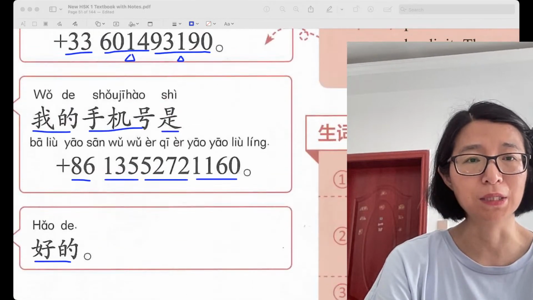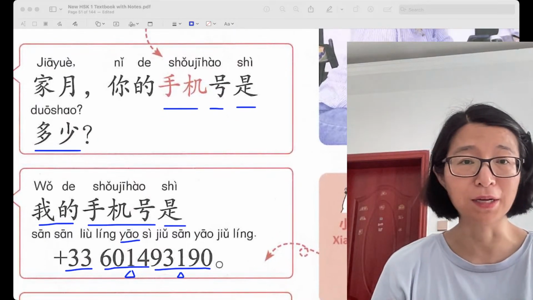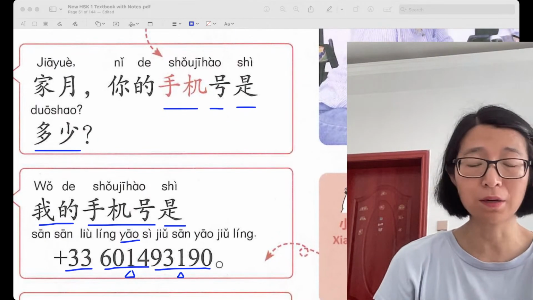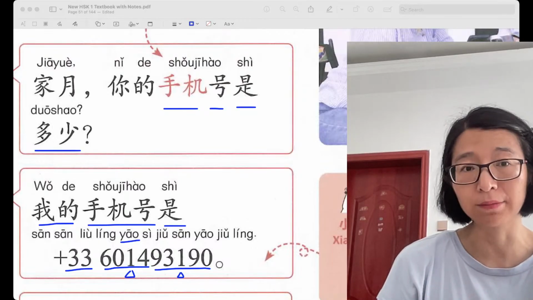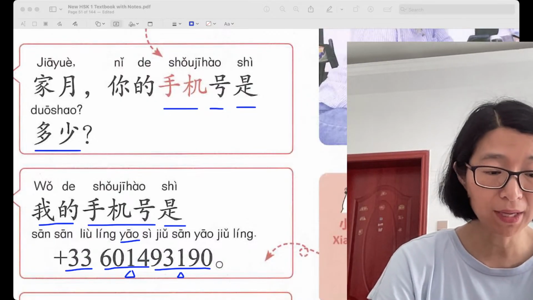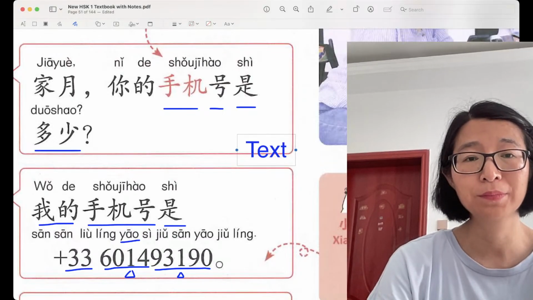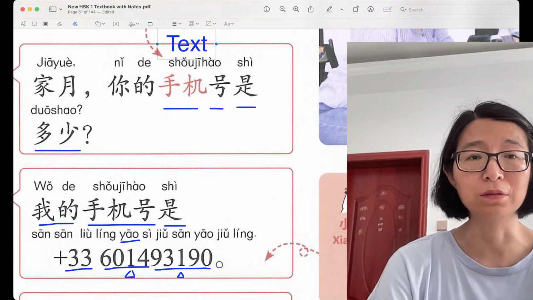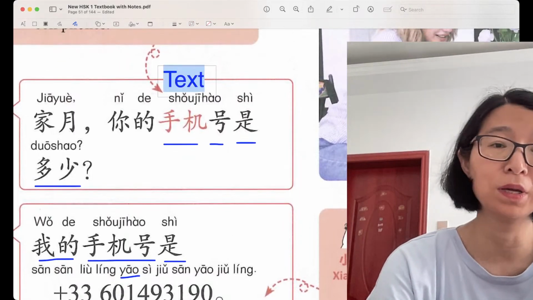Phone number is important, right? But if you live in China, you should know there is one more thing that is even more important than the cell phone number. So what is it? 微信, right? WeChat is more popular than phone. So we need to know how to ask, what is your WeChat?